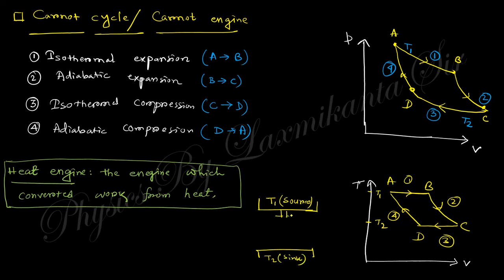We take heat Q1 from temperature T1, do some work, and release some heat towards the sink. Here T1 must be greater than T2. This is called a normal heat engine. For this Carnot engine, what will be the efficiency?